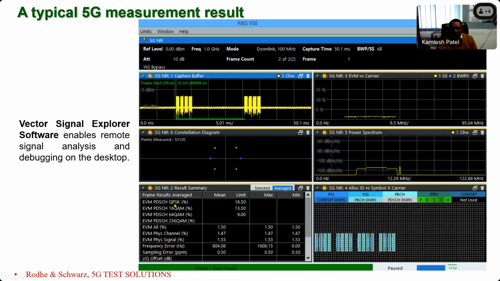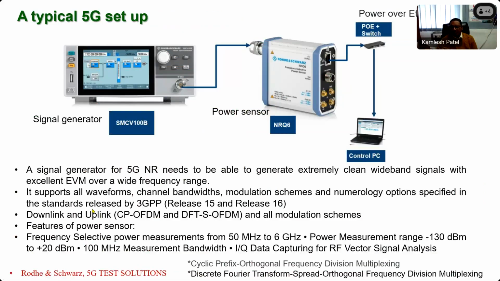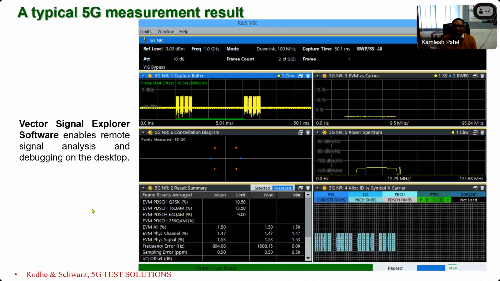I only discussed the QAM signal, but there are some other quadrature PSK modulation signals, and these signals are also characterized. So this small setup is sufficient to give you information about the signals being generated and their properties at the 5G range.